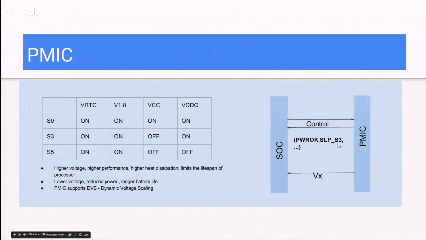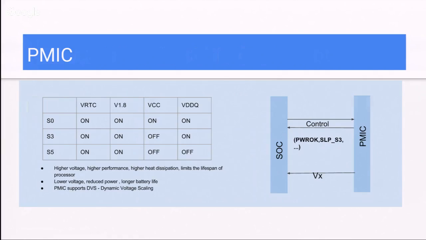And if you look at what happens for S3, I just listed some power rails here, but there are a lot more power rails on the system. And in each system power state, there would be a certain number of rails that are on and some would be off. So in our case, especially, we need the memory chip to be powered on. So there is this power management IC that we use, which is very specific to an Intel chip.